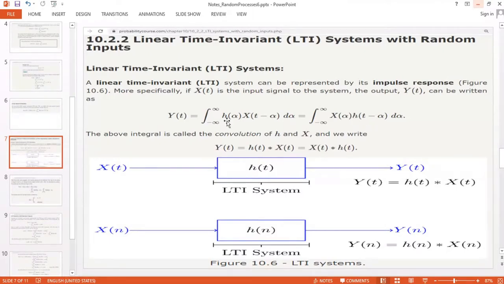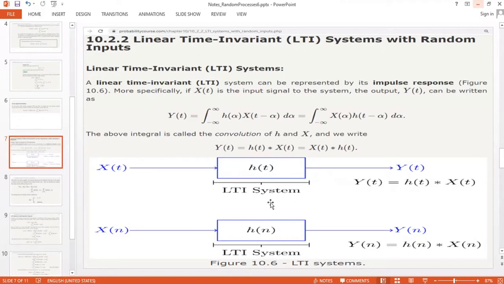So the convolution of the impulse response h(t) and the input signal will give you the output of this linear time invariant system. The output can be calculated by h(t) star x(t).